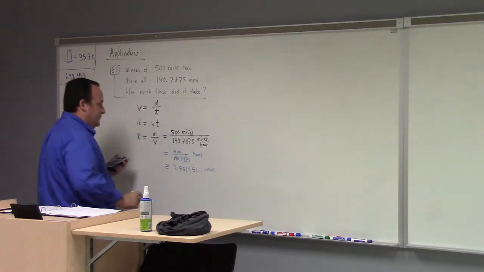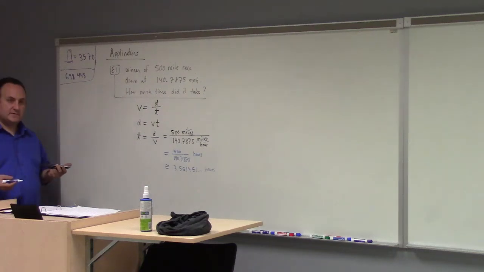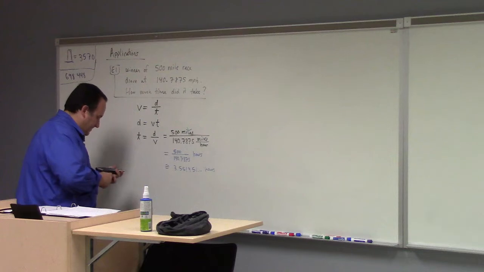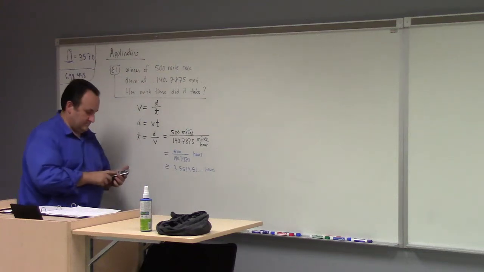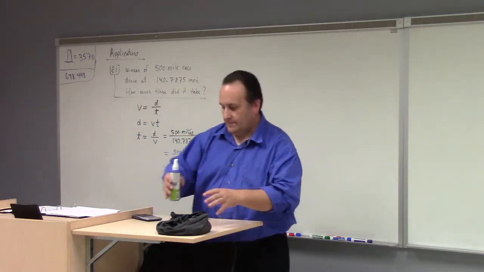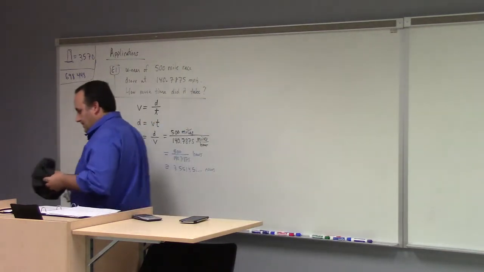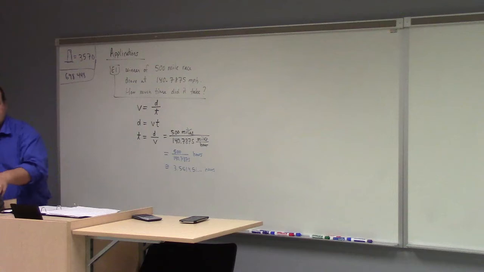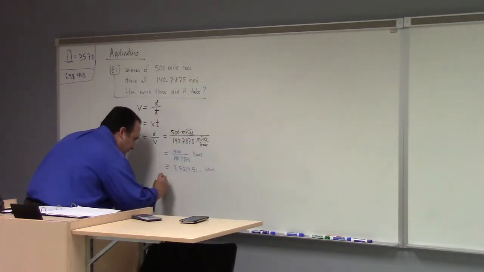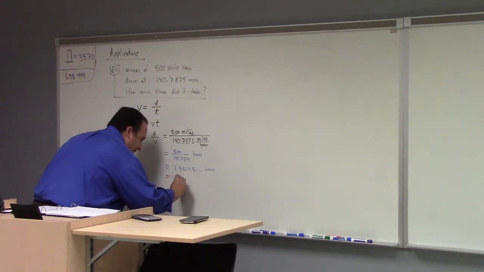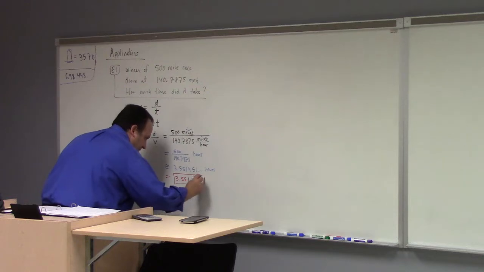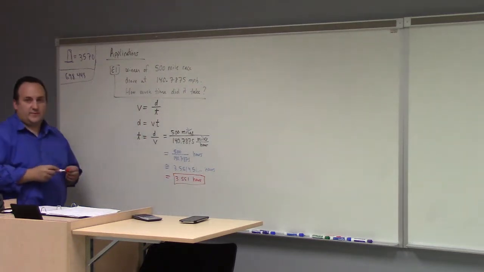So if we're supposed to round to the nearest thousandth, what's the answer? .551 is correct. And of course we mean 3.551 hours, right? So there's example number 1.